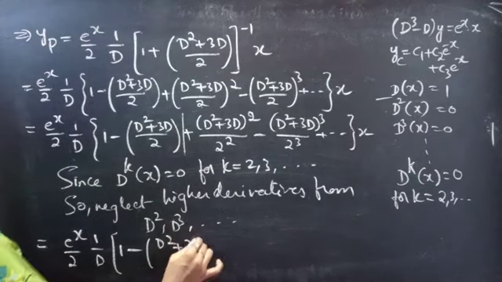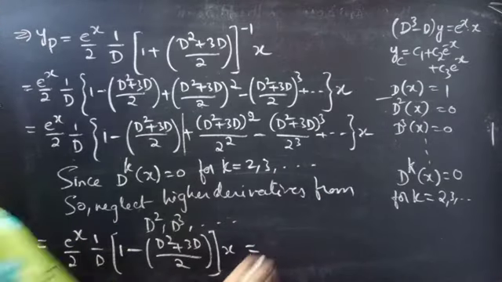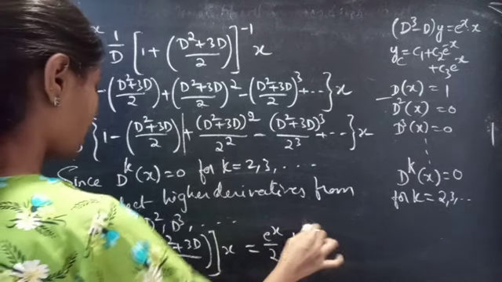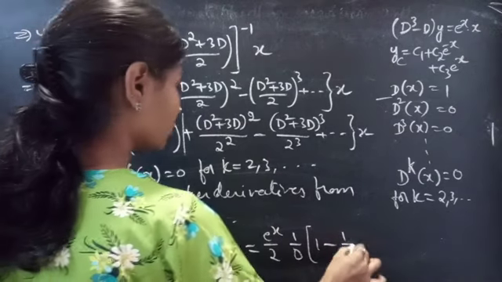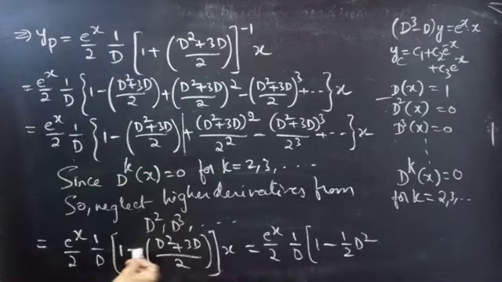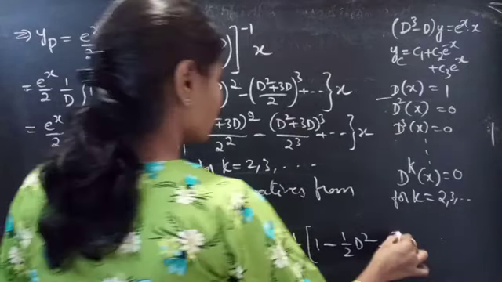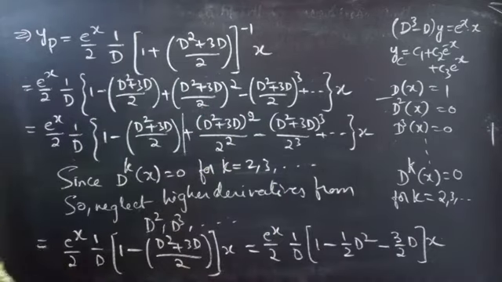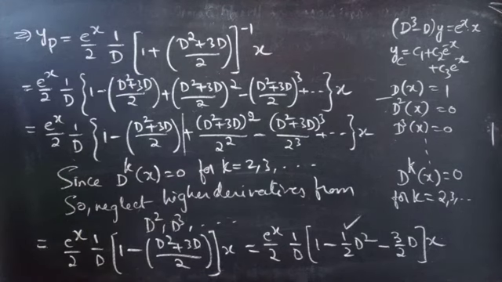Instead of neglecting d² first, we'll neglect all the terms from here, and later we'll neglect d² from this term. e^(x/2) · (1/d) · [1 − (d² + 3d)/2] x is e^(x/2) · (1/d) · [1 − (1/2)d² − (3/2)d] x. Now we can neglect the term with d², a higher derivative.